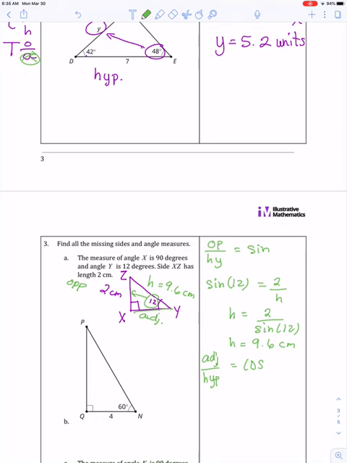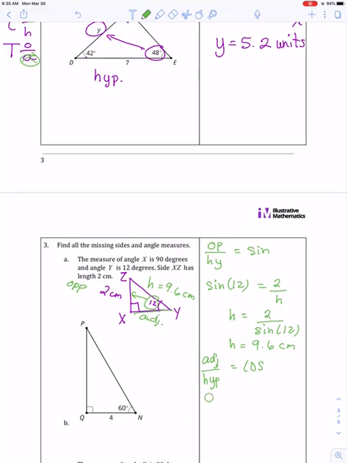Alright, so if I have cosine of 12, my adjacent is what we're looking for, but I know my hypotenuse is 9.6. So I'm going to multiply both sides by 9.6, and then type that in the calculator.